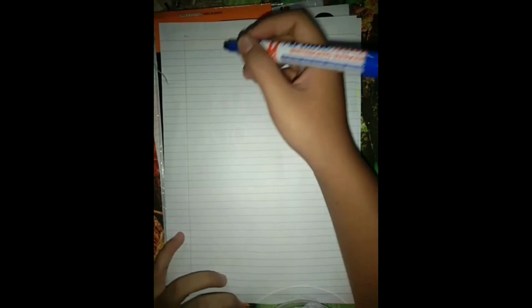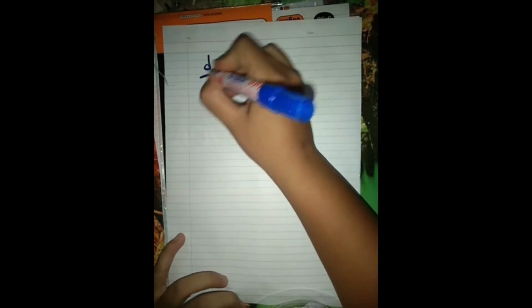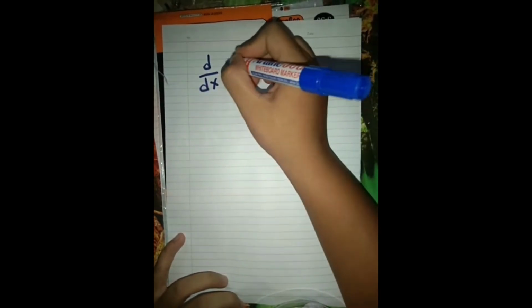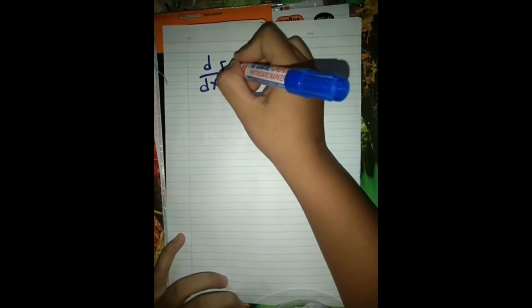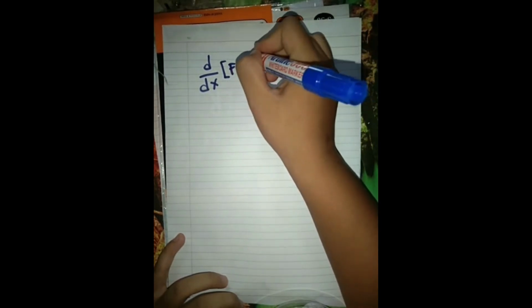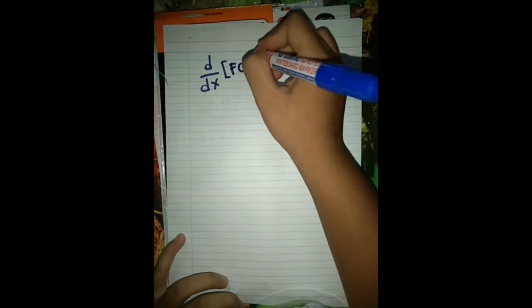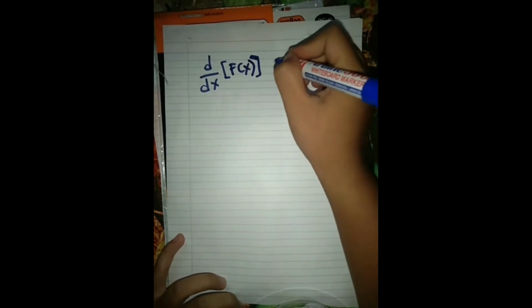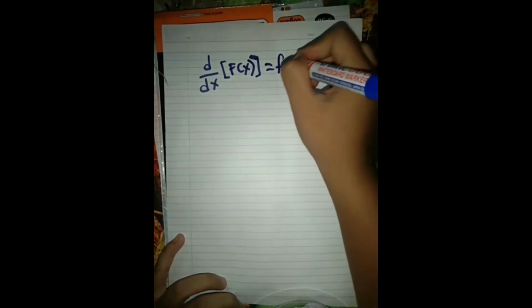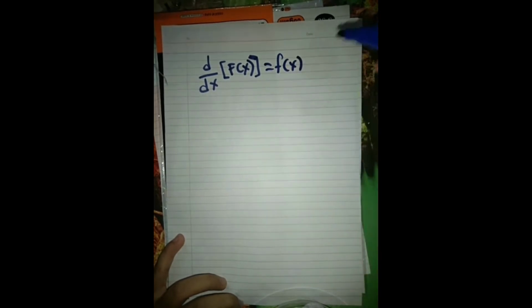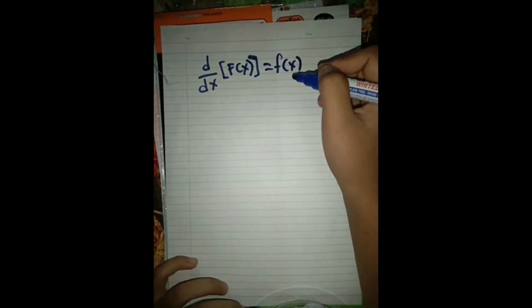Thus, if d over dx of F(x) equals f(x), then integrating the function f(x) produces an antiderivative of the form F(x) plus c.